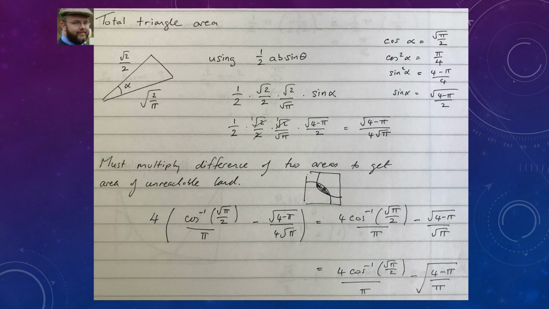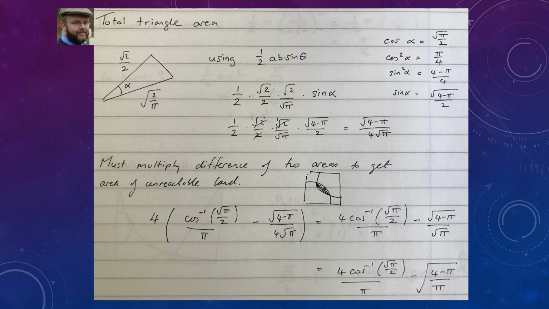How do I get sine alpha? Well, we know that cos squared plus sine squared equals 1. With a little bit of manipulation, you work out that sine alpha must equal root 4 minus pi, all over 2. If you do the multiplications, I think you end up with the area of my triangle being root 4 minus pi, all over 4 root pi.